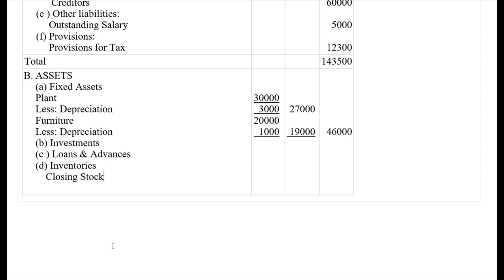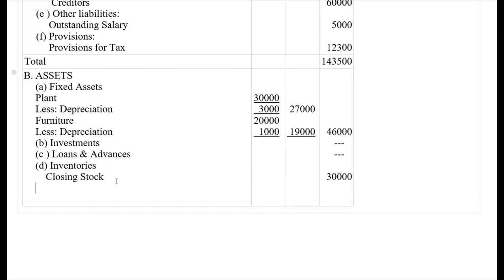So here the closing stock I will take directly to the outer column. Investments, nothing. Loans and advances, nothing. In case of inventories, the value of closing stock which is given is 30,000 here.